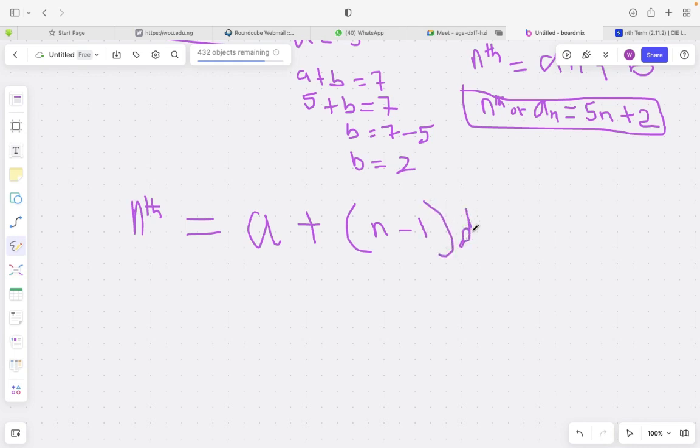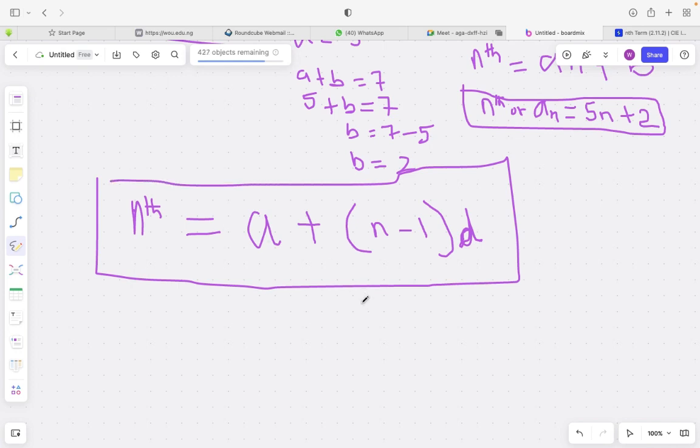For this formula, these are new parameters, and we have to define them now. With this formula, we already know what the nth term is. A is the first term for this formula.